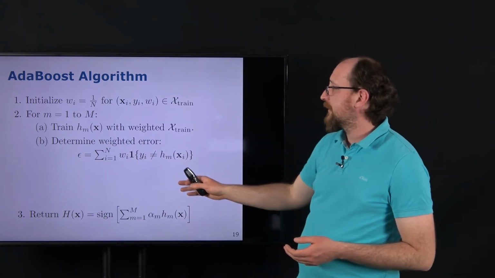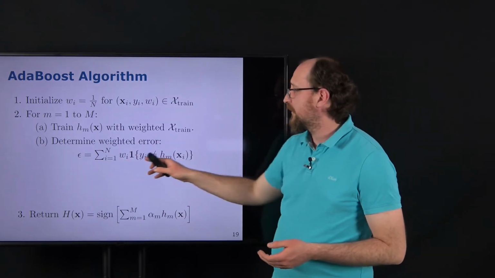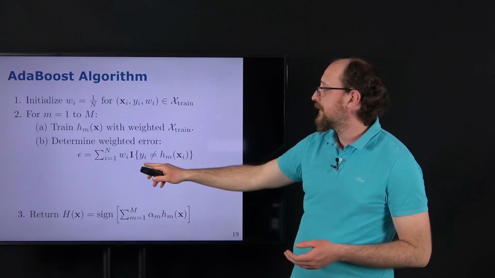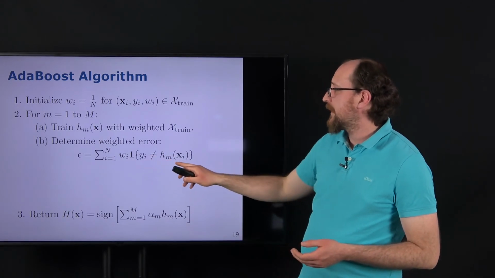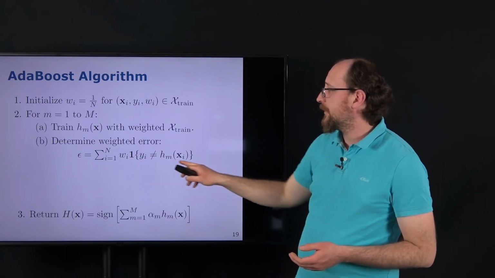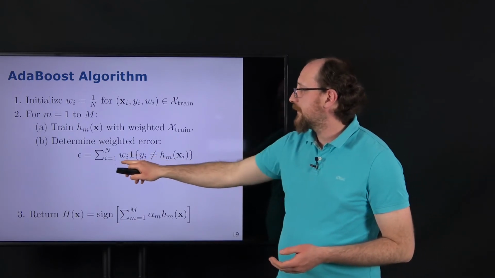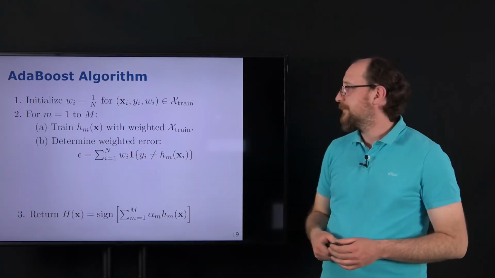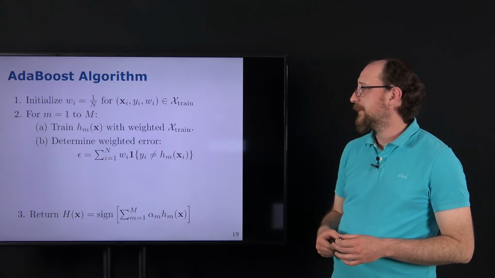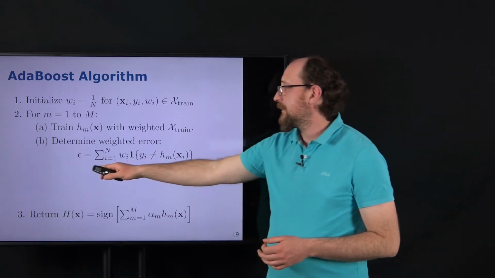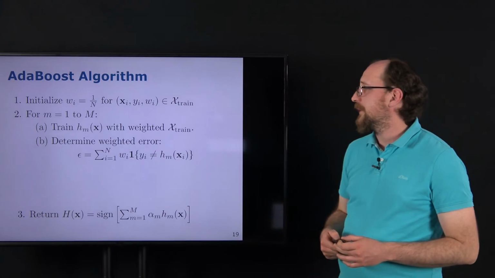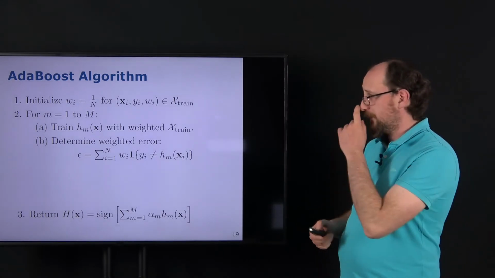So we sum up over all examples and look if the weak classifier made the right decision. If the label is not correct, we accumulate the weight of this training example. So this is the estimate of the error, but the weighted error, that's important.